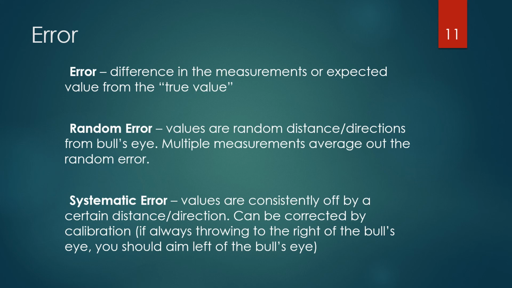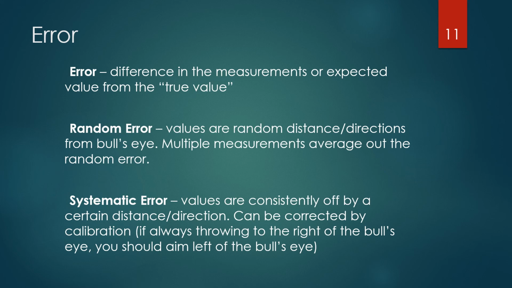So multiple measurements can be averaged out to get rid of random error. So you'll often see during lab period we're going to be doing several trials, which means we're going to be doing the experiment several times, or the measurement itself several times, because what we're trying to do is reduce the random error. The more times you do it and take the average, the better your results are going to be.